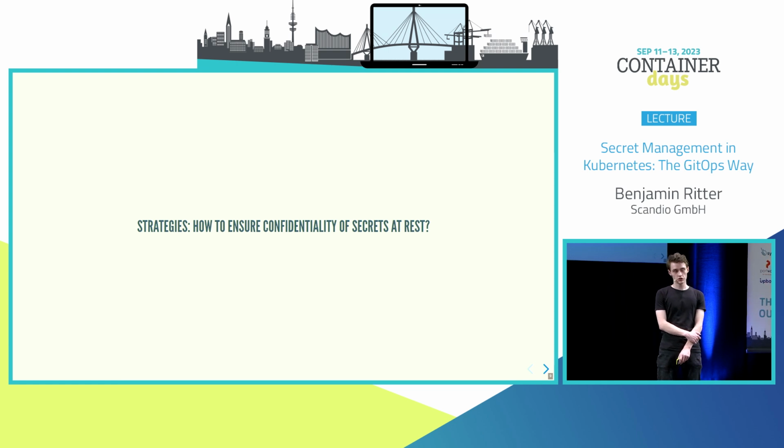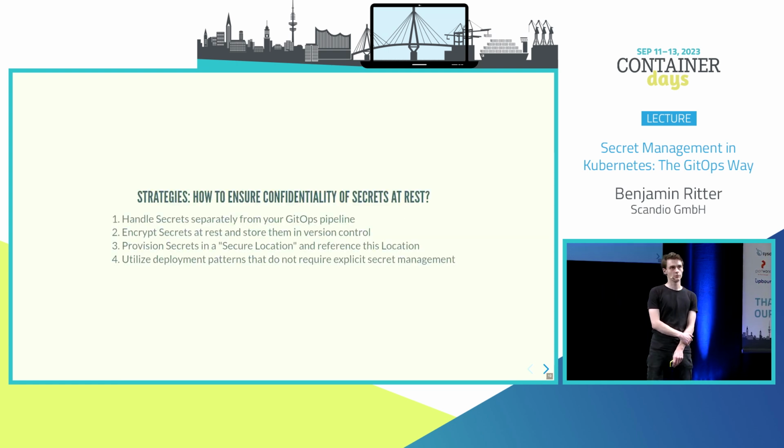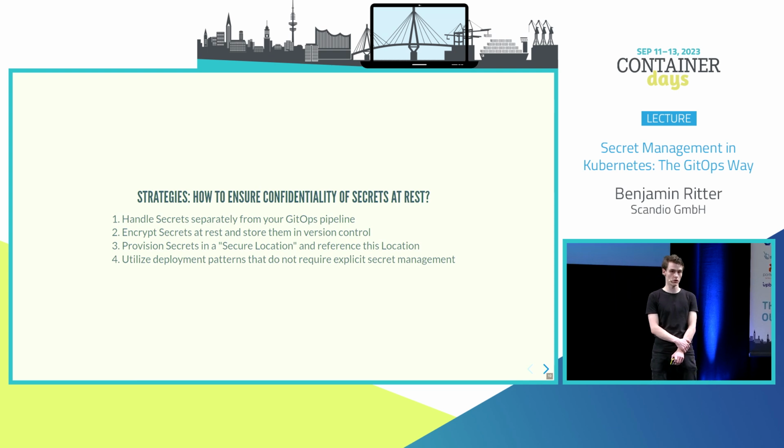So there are a few strategies we can use. We can first handle our secrets manually out of band, which I'm not going to talk about, by the way. We can encrypt the secrets and store them in our version control and decrypt them in a cluster. We can provision the secrets in a secure location. Think AWS Secret Manager, think Key Vault, think Hashicorp Vault.